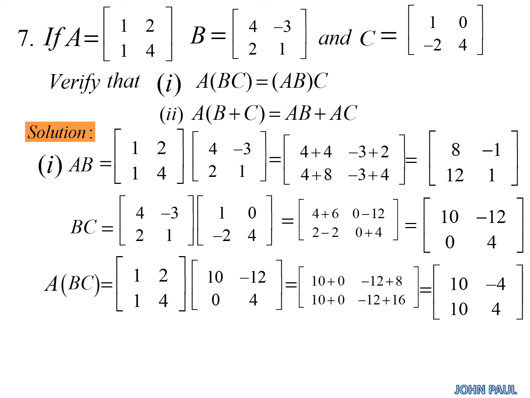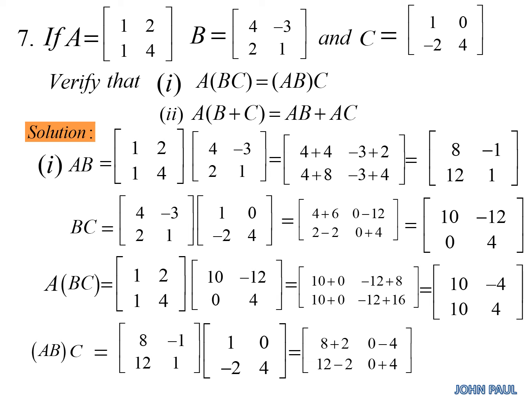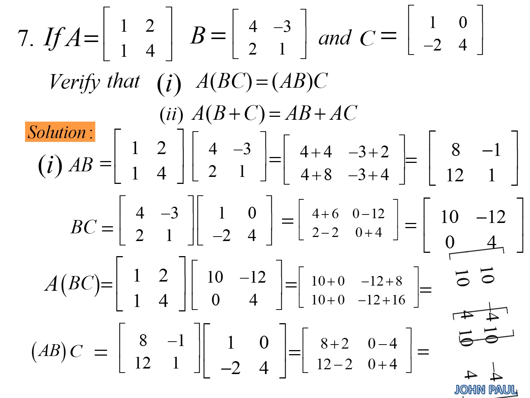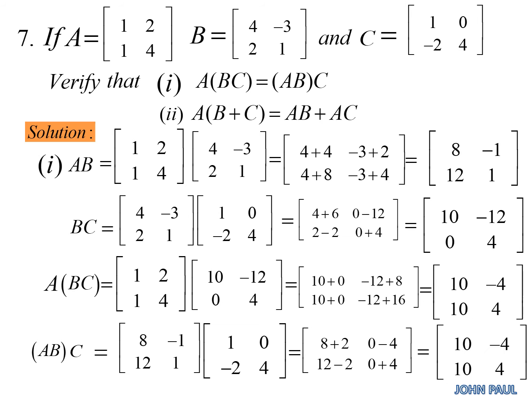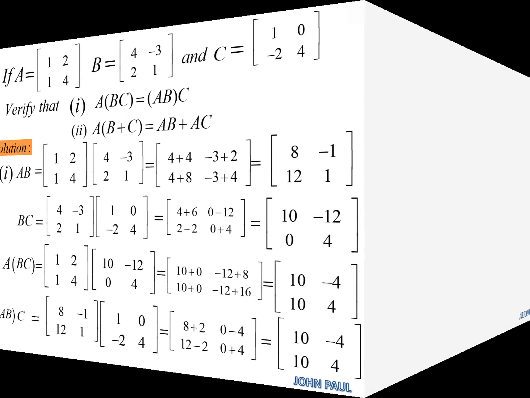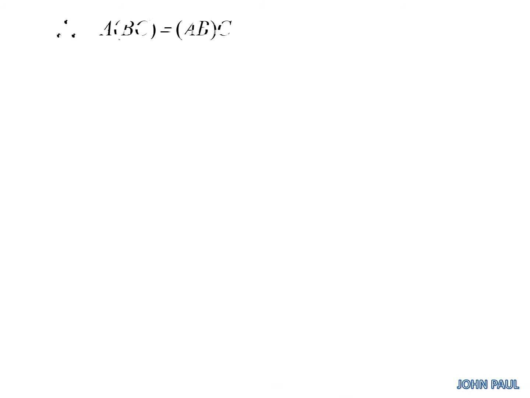By multiplication, we get 10, minus 4, 10 and 4. AB into C, substitute the matrices, by multiplication, 10, minus 4, 10, 4. Since both are equal, A into BC equals AB into C.